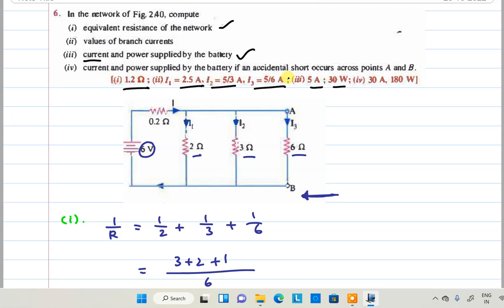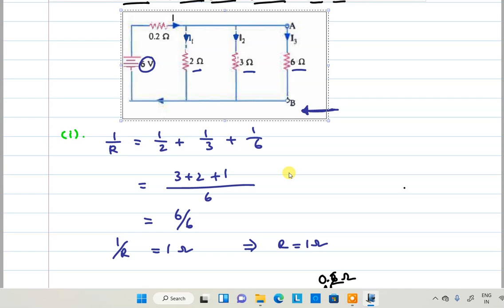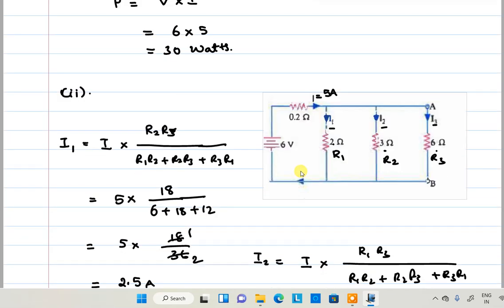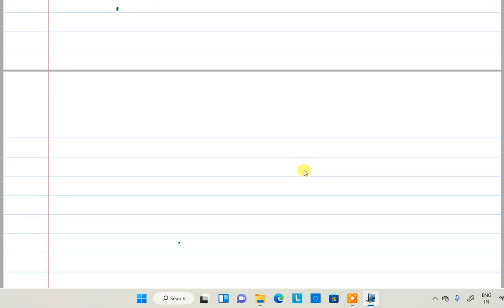All of you following? At the last step, last problem, last bit: current and power supplied by the battery if an accidental short circuit occurs across A and B. This is also an interesting one.